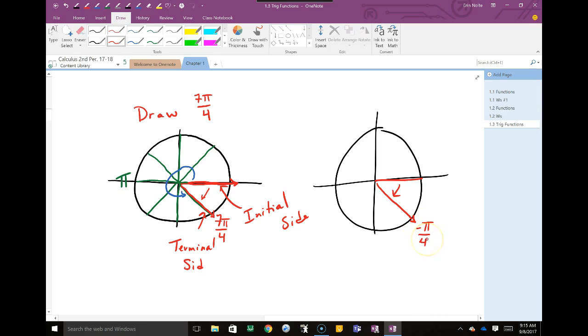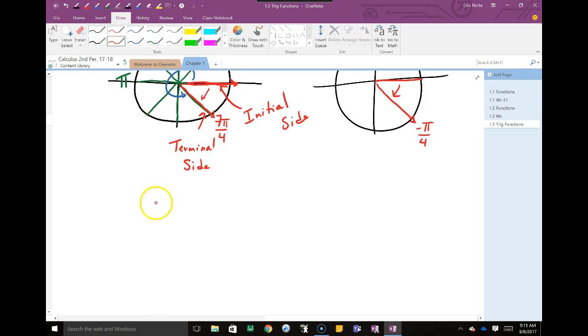Can anybody tell me what negative pi over 4 and 7 pi over 4 have in common? They both have the same ending spot, right? They both have the same terminal side. And that's called a coterminal angle.